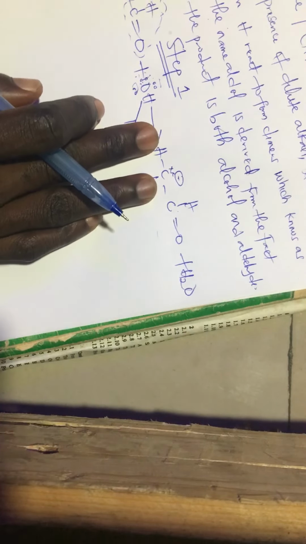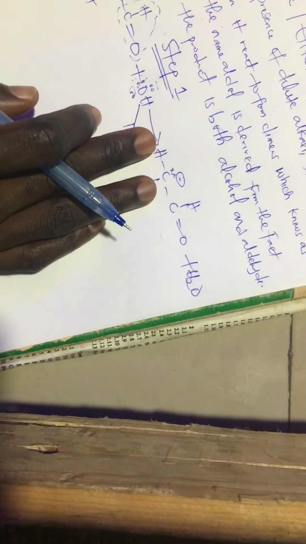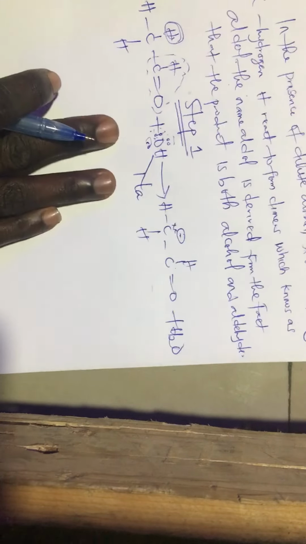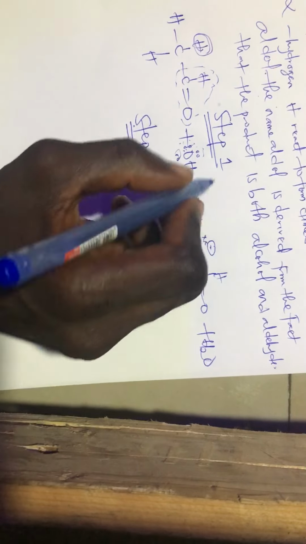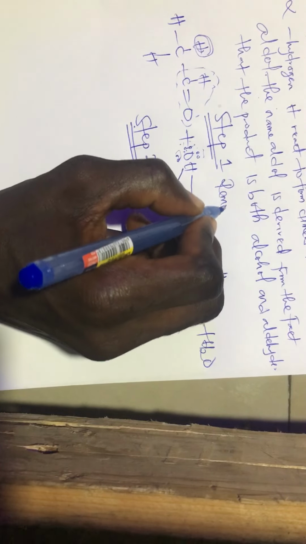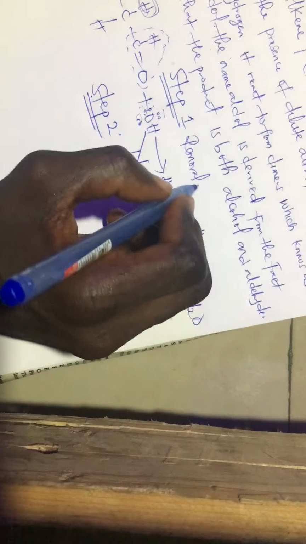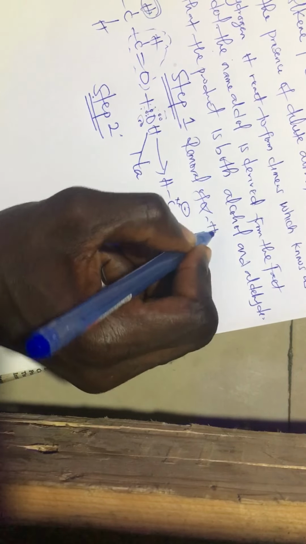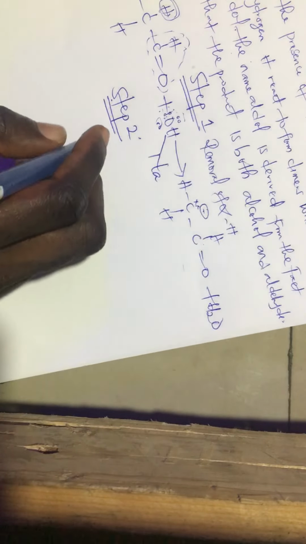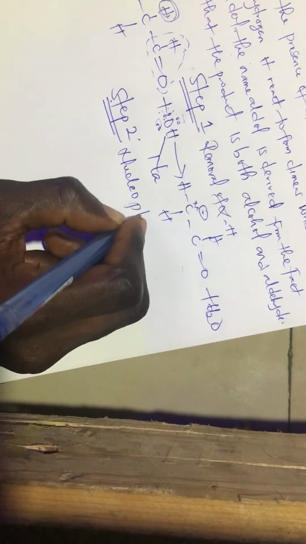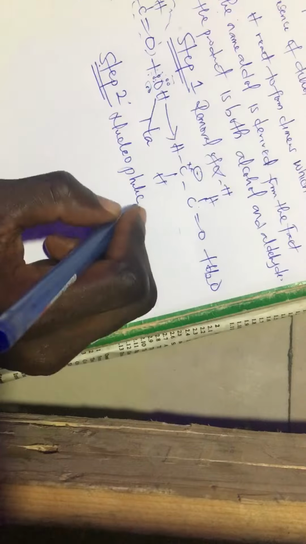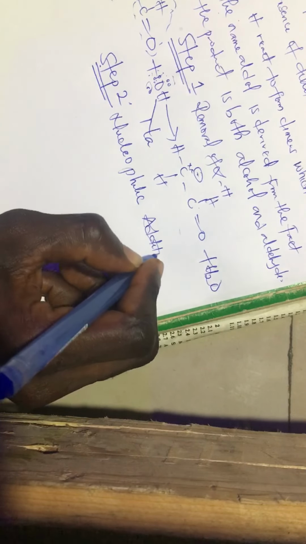The next thing, which is the second step, is called the nucleophilic addition reaction. So step two: the first one is removal of alpha hydrogen, while the second one is nucleophilic addition reaction.